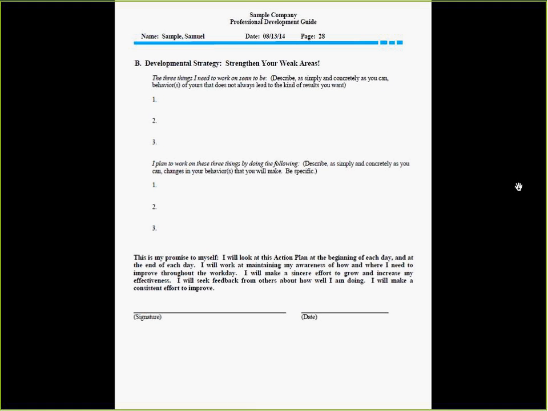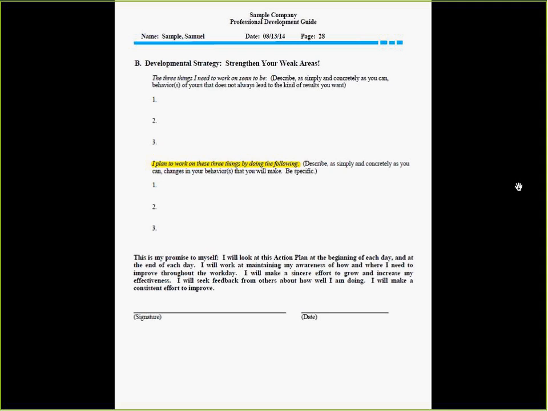Now, help the person develop a strategy for improving their weak areas. Make a list of the things he or she needs to improve, and then come up with specific actions to take to address them. These are concrete and measurable. For example, instead of saying, "I will be more reliable," the person should create specific goals, such as, "I will be 10 minutes early for every work shift," or "I will get weekly reports done one day early."